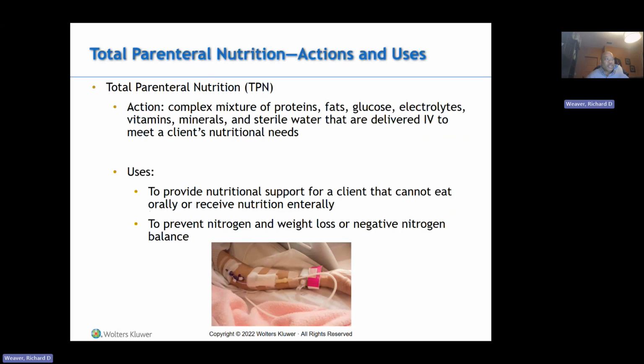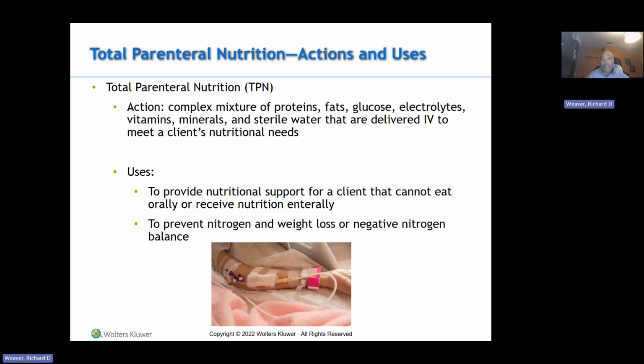All right, to provide nutritional support for a client that cannot eat orally or receive nutrition enterally. Maybe they have an intestinal ileus, an intestinal obstruction, maybe they have a fistula, maybe they have some GI bleeding. Maybe they just had surgery and the bowel sounds have not returned and it's taken a while to return.